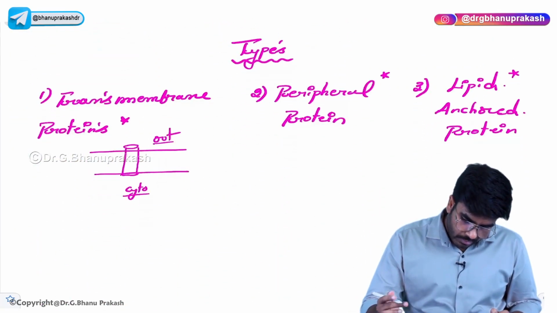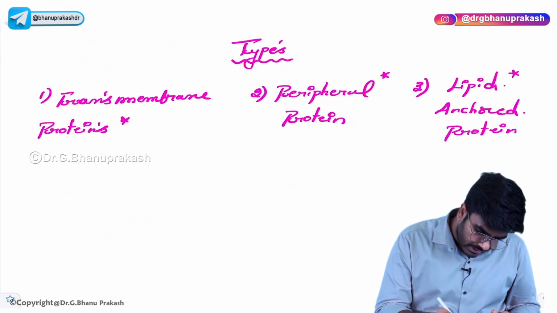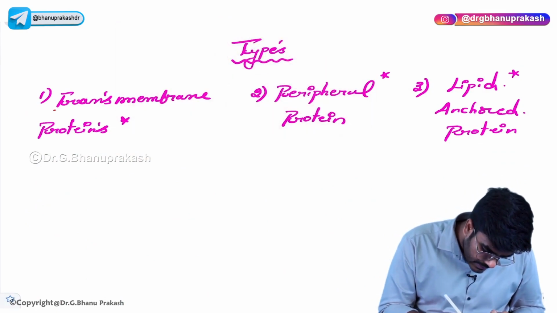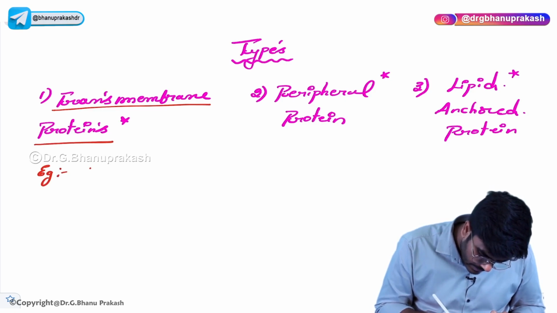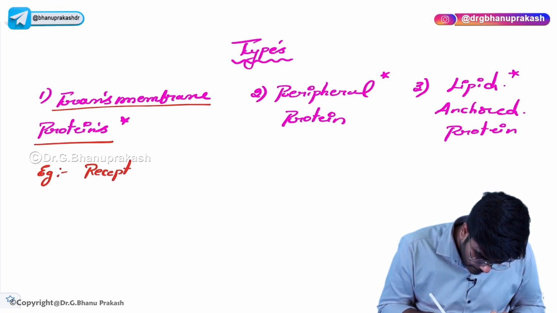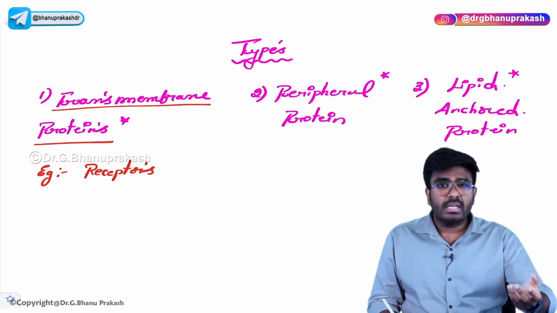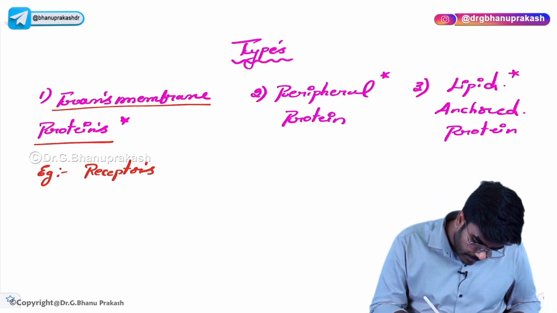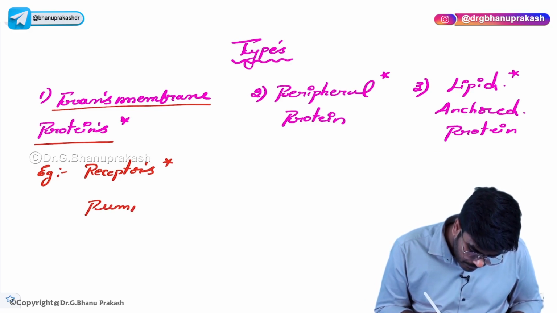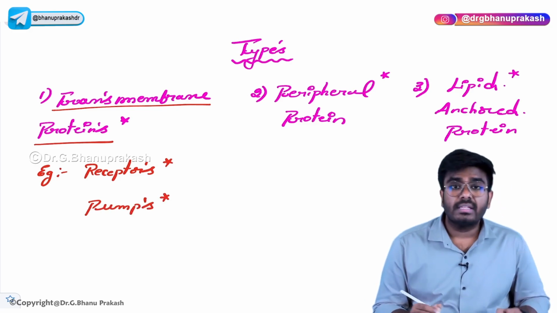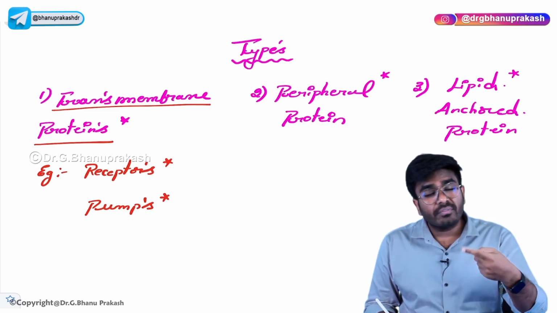Now we have seen three different types of proteins. Now we have to know the examples of these proteins. The examples of transmembrane proteins are receptors. We all know receptors, right? Receptors for the hormones are examples of transmembrane proteins. The second example is pumps. Pumps are the ones which allow the movement of ions with the help of ATP.